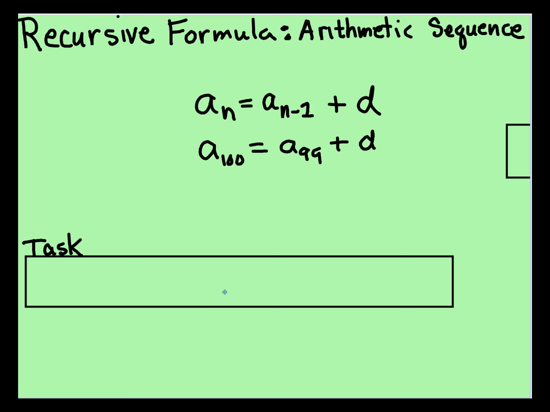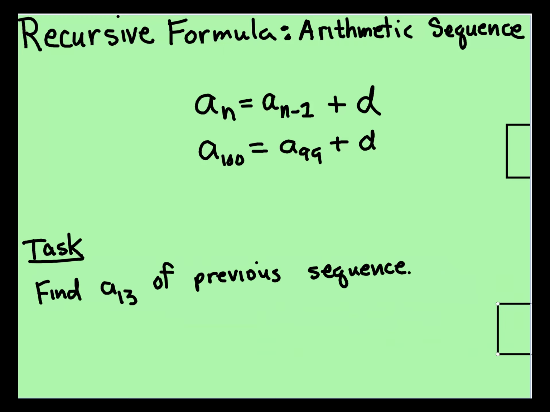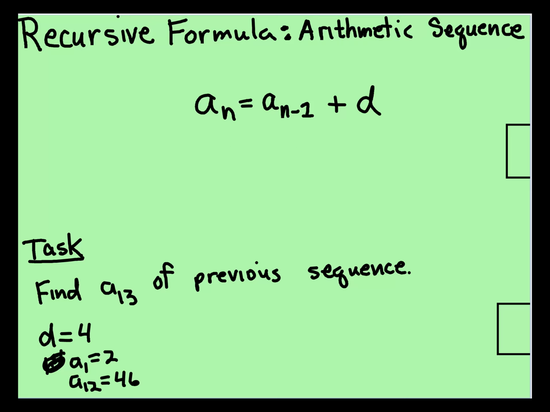So the task would be to find the 13th term of that previous sequence. Remember, the previous sequence's difference was 4. The first term, a sub 1, is 2, and we found that a sub 12 was 46. Knowing that, we can plug it into the recursive formula.